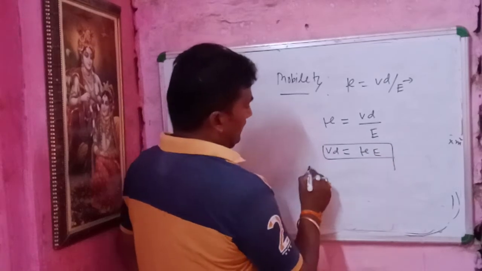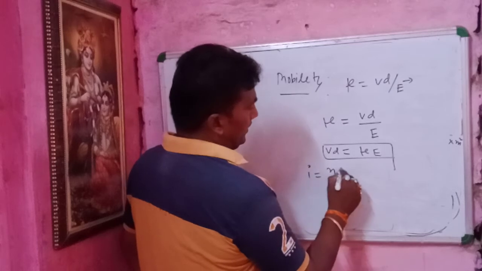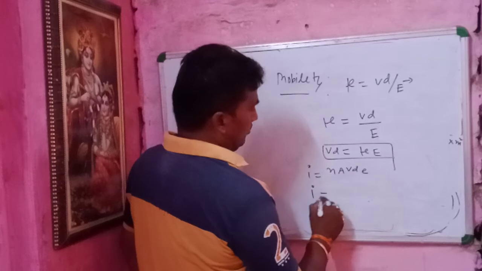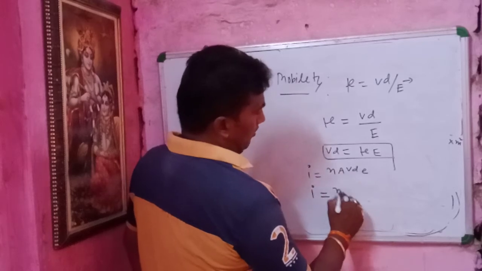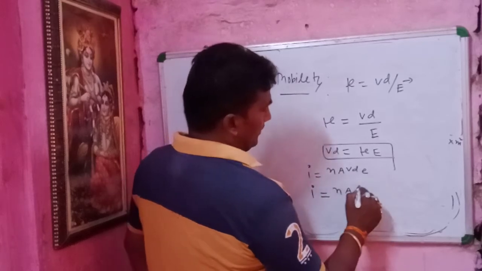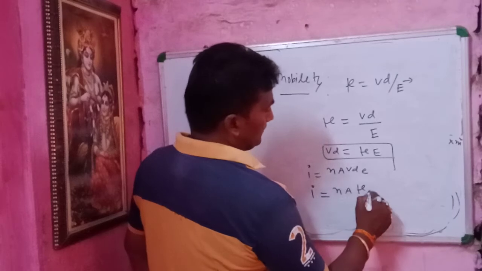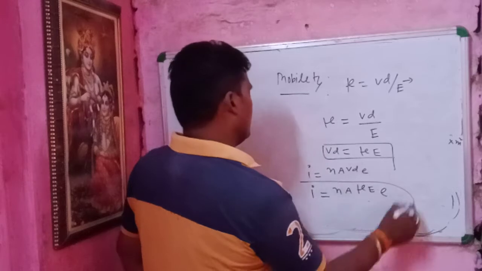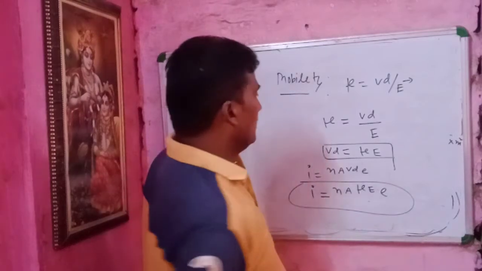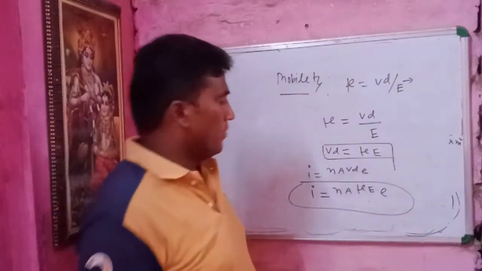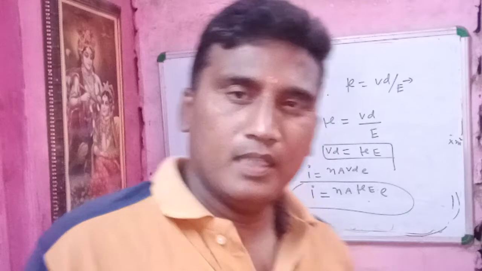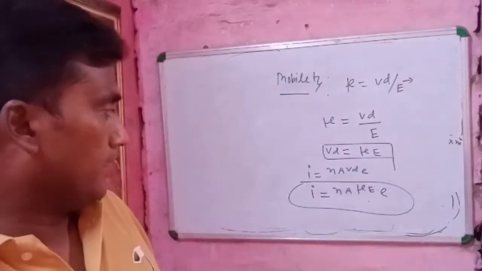The relation for the current is I is equal to nAvd e. Therefore, we put the value of drift velocity: I is equal to nA mu E into e. Mu is the mobility, E is the electric field, and e is the charge, and the relation is stabilized.